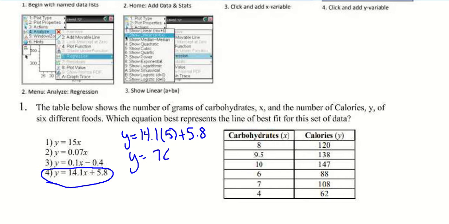And this is a good prediction because remember we talked about interpolation and extrapolation. If the number of carbs is within the data in the chart, then it is an accurate prediction.